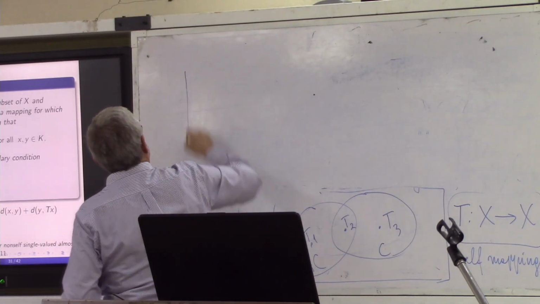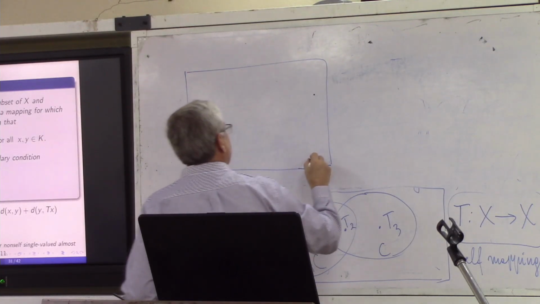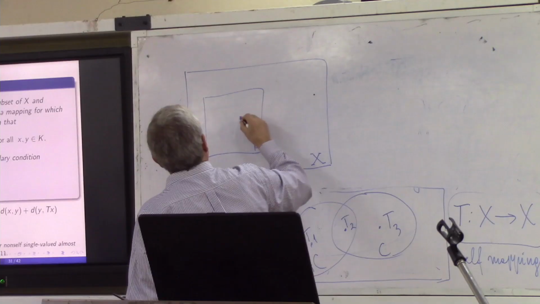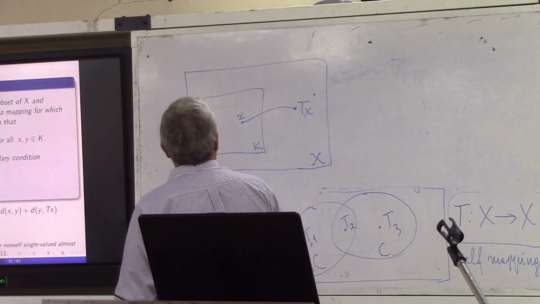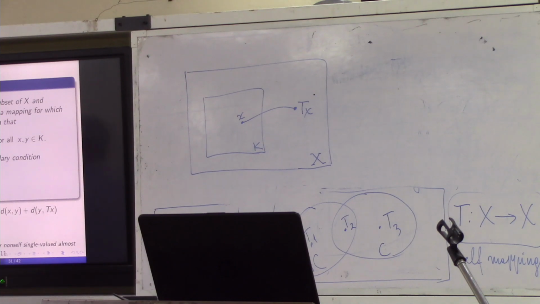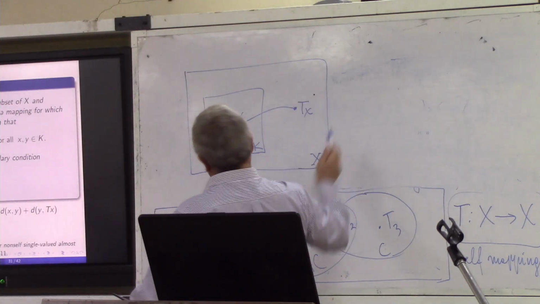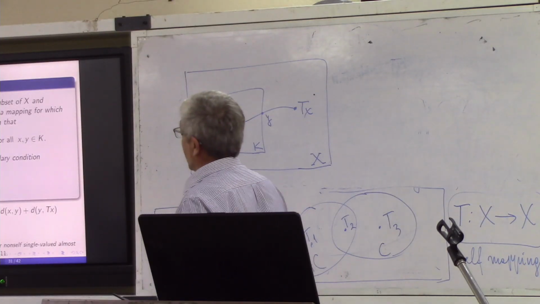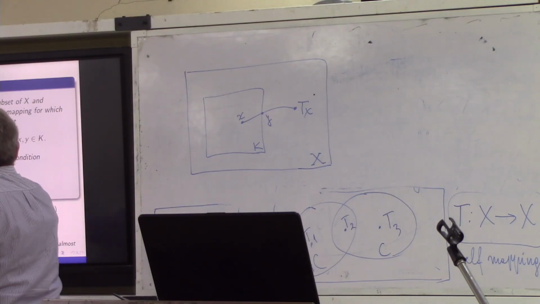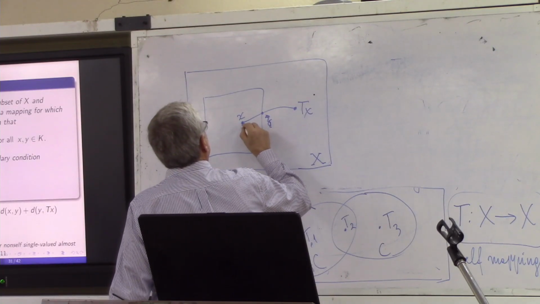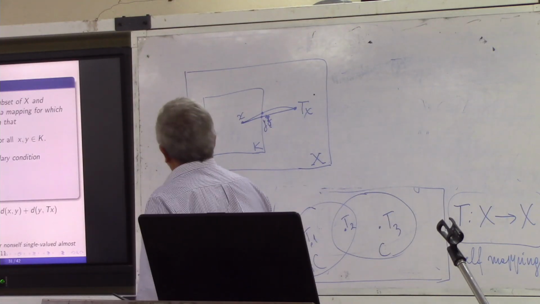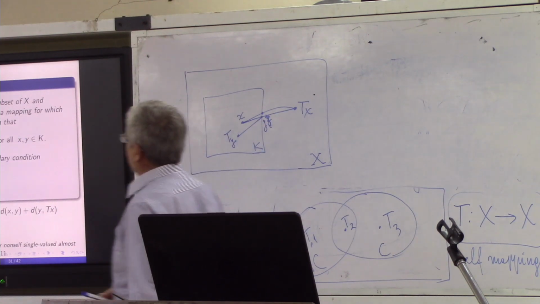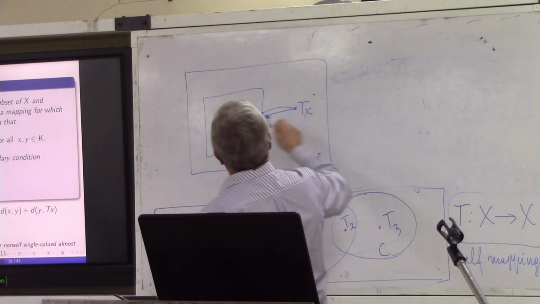I have one example, but I'll show you this example later on the slide. So this is the space X, this is the set K. Property M means that if we have such an x with Tx outside K, then there is a y, a point on the border, such that the distance between y and Ty is less than the distance between x and Tx.